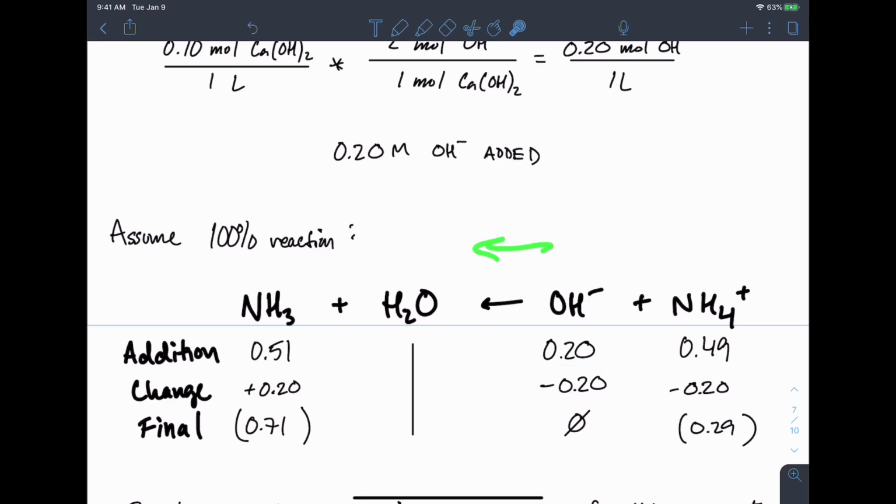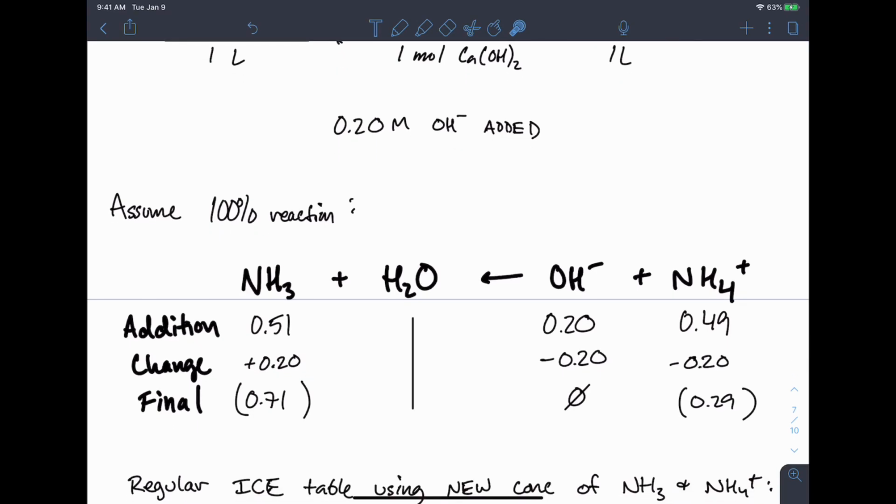So we're running in reverse, meaning that ammonium is going to be consumed. So that's going to be a minus 0.2, just like the hydroxide ion. And ammonia is being produced, so this is going to be a plus 0.2. So when we add and subtract those values, we get final concentrations for ammonia of 0.71 and ammonium of 0.29.